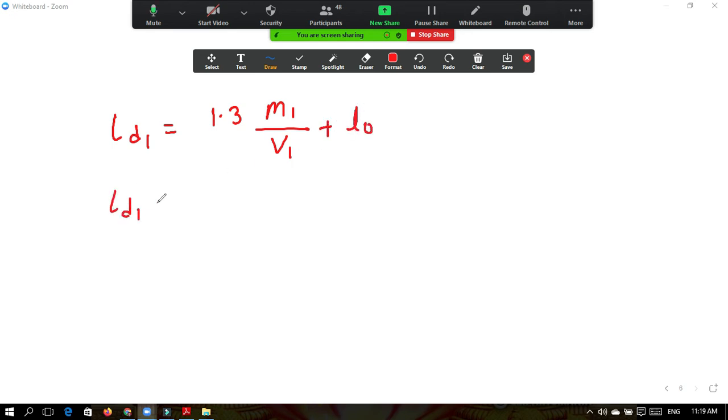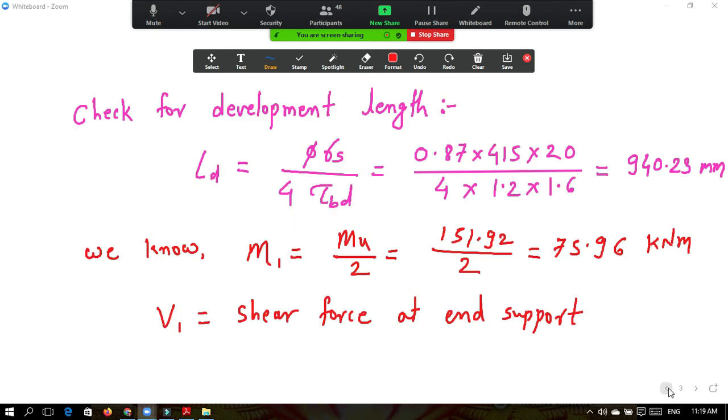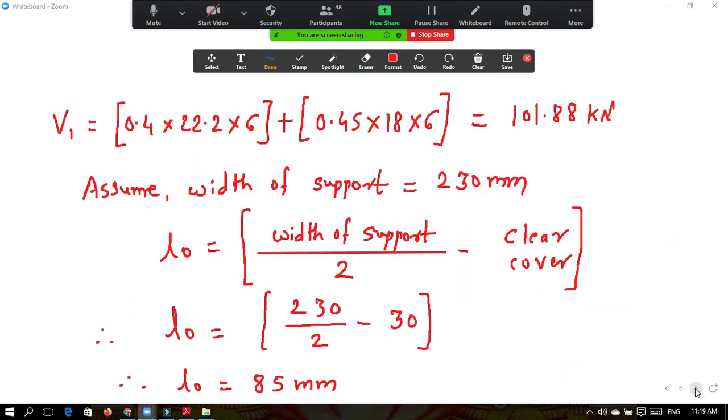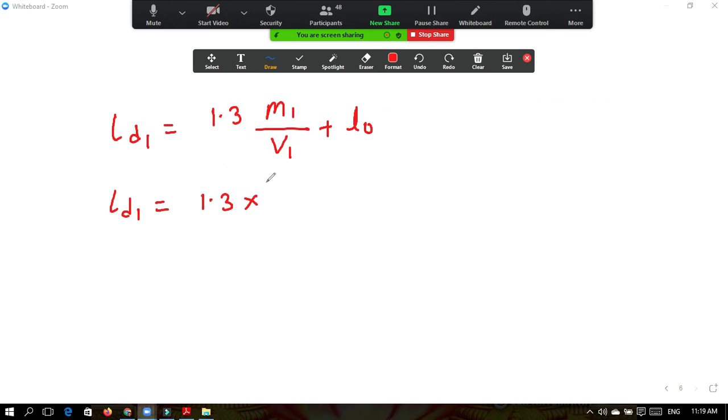So our LD1 will be 1.3 into what was our M1 value? It is 75.96, so 75.96 into 10 raised to 6, whole divided by 101.88 into 10 raised to 3 plus L0, which is 85.